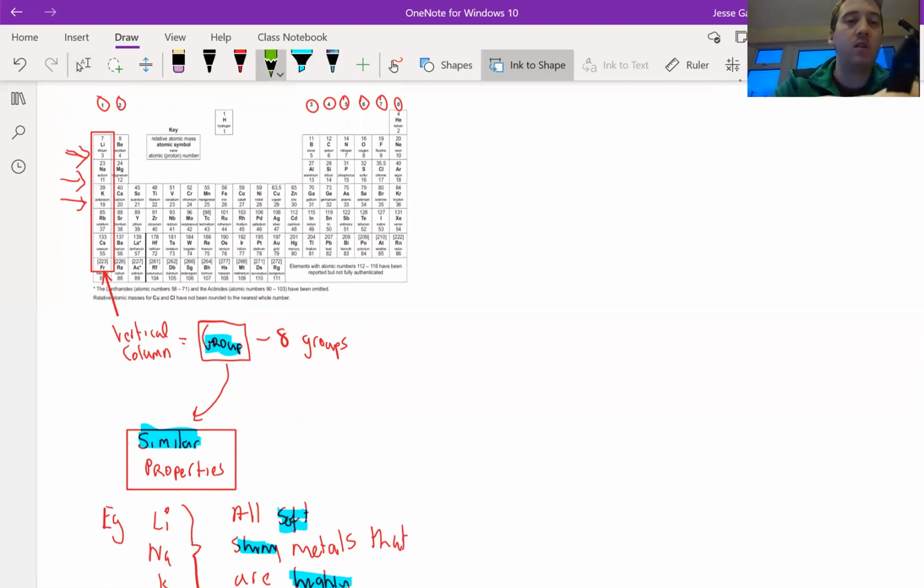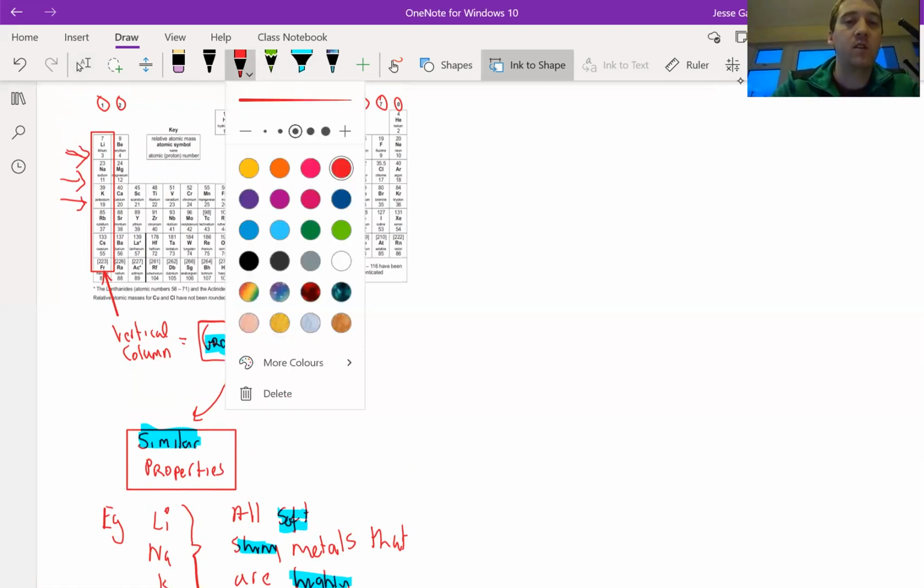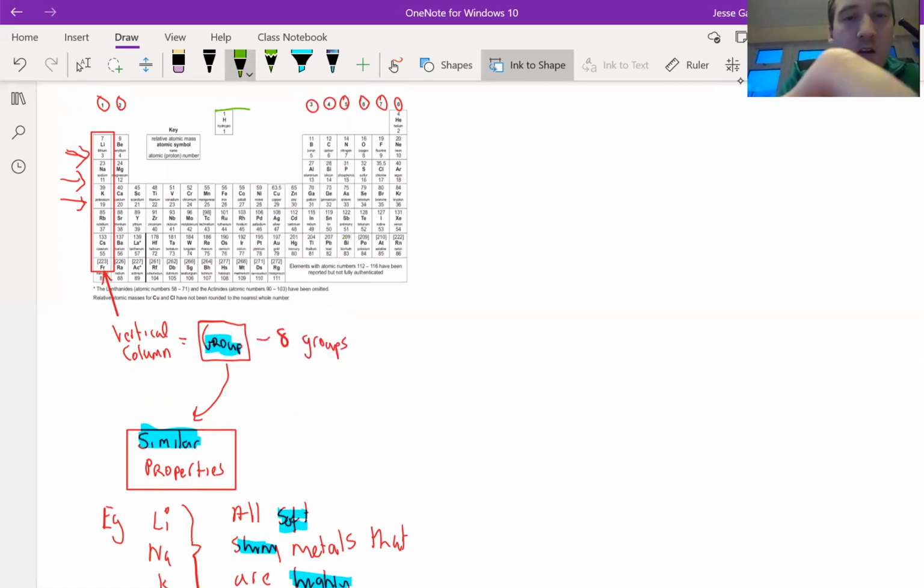I am now drawing a horizontal row. There is 1, there is 2, there is 3. Sorry, I shouldn't end number 2 there because it includes also these.